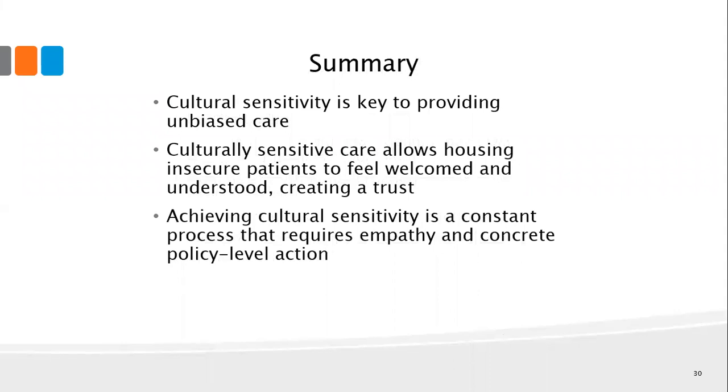So in summary, cultural sensitivity is key to providing unbiased care. It allows housing insecure patients to feel welcomed and understood, which creates trust. And achieving cultural sensitivity is a constant process that requires empathy and concrete policy level action.